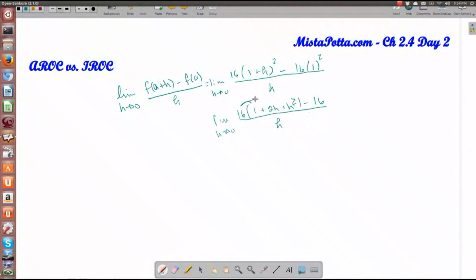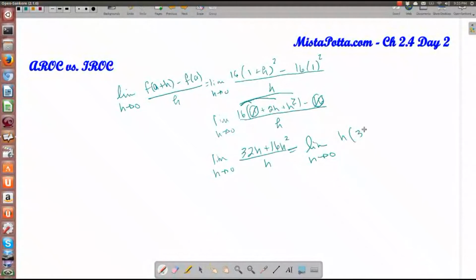I see a couple of things happening here. One is I'm going to have to distribute this 16. But when I do distribute the 16, this term and this term will form a 0 pair. Of the terms that are left, 32h plus 16h squared, they're going to have a common factor of h, which is going to be really nice if it factors out and divides out.